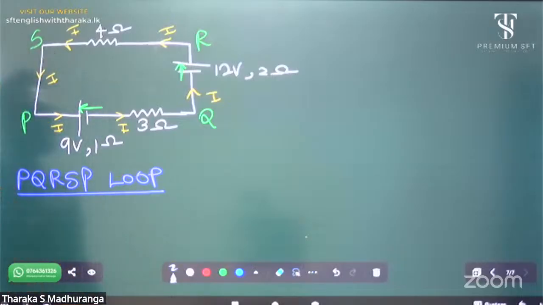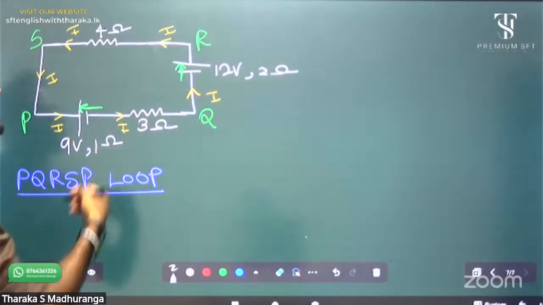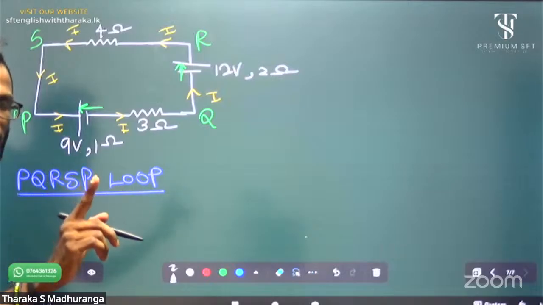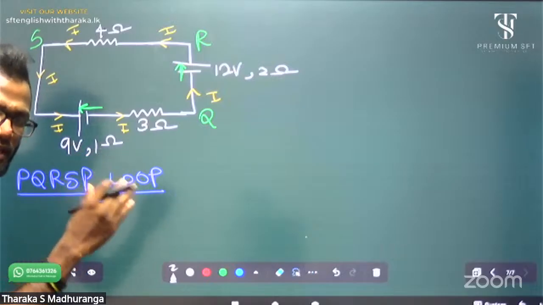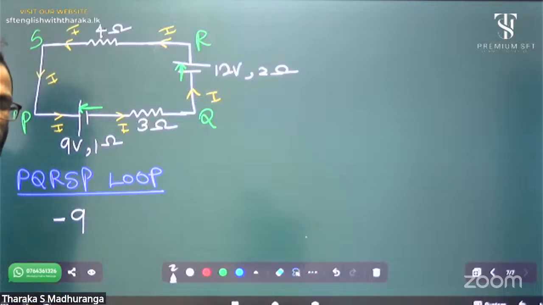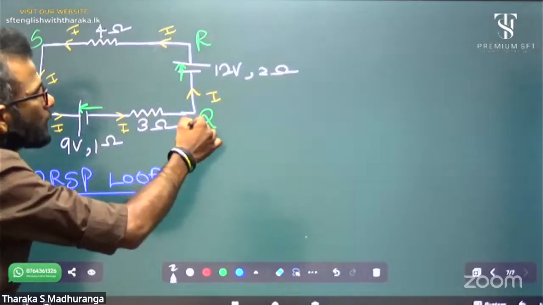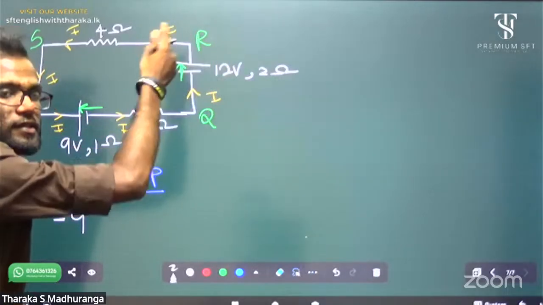Okay, can you help me? Okay, P to Q. How many batteries? Only one. My direction and electromotive force direction are opposite, therefore minus 9. Again Q to R battery. My direction and arrow direction are same.